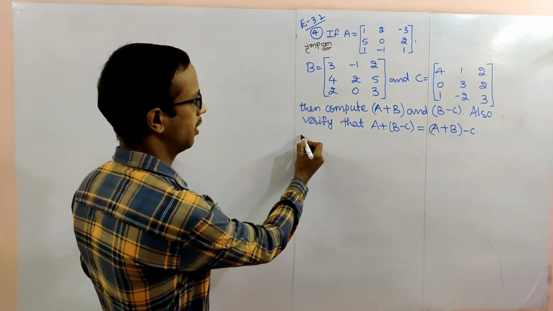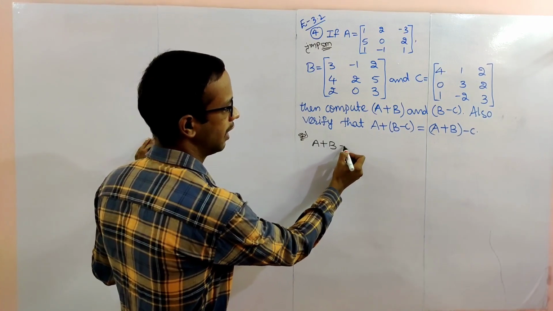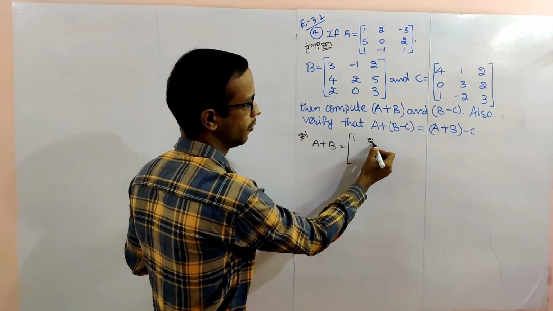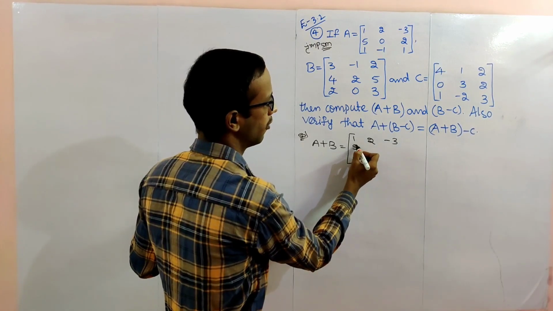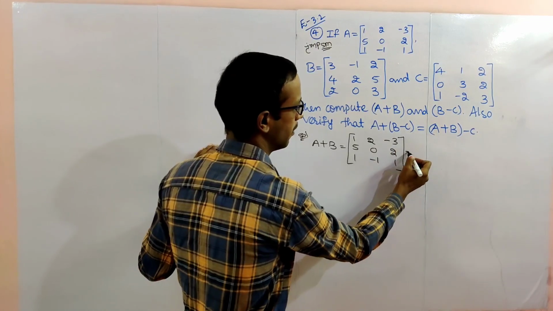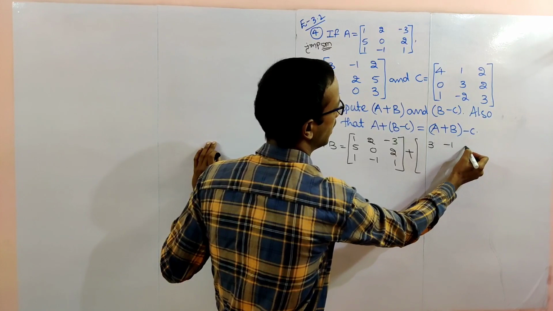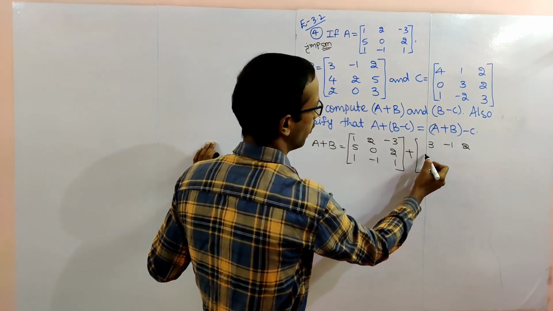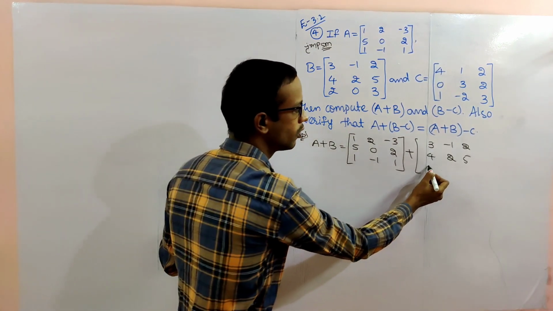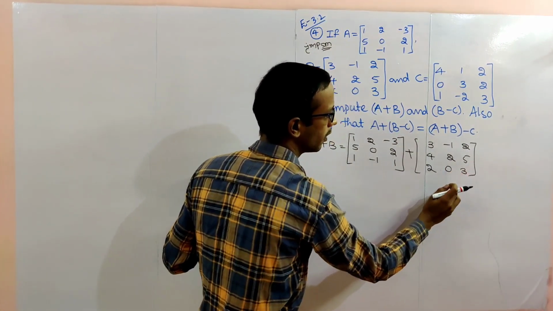So the solution. Here, A plus B. First I'll find A plus B. What is the matrix A here? Matrix A is 1, 2, minus 3; 5, 0, 2; 1, minus 1, 1. Plus the B matrix. B matrix is 3, minus 1, 2; 4, 2, 5; and the last row is 2, 0, 3.